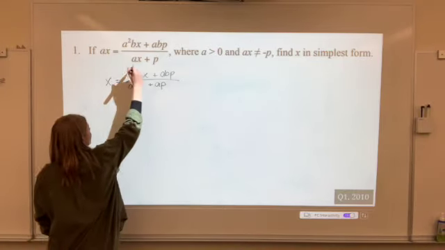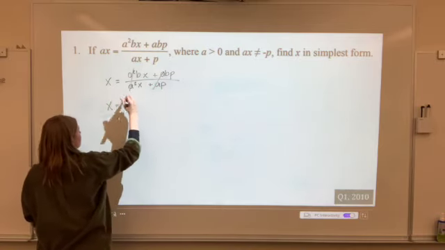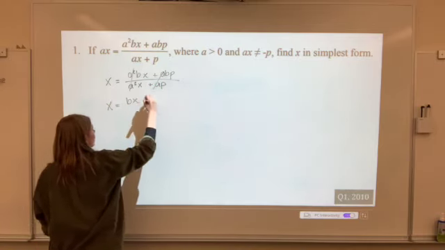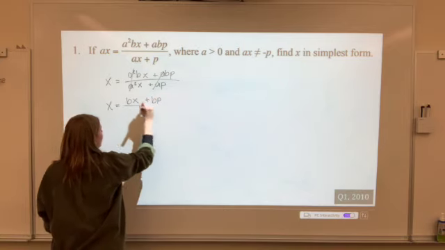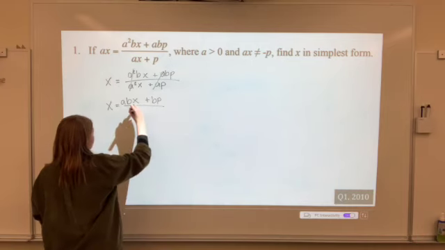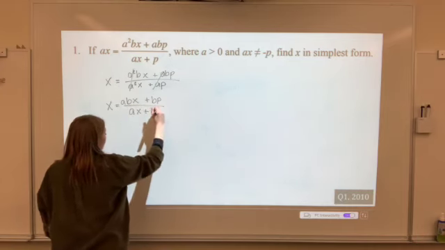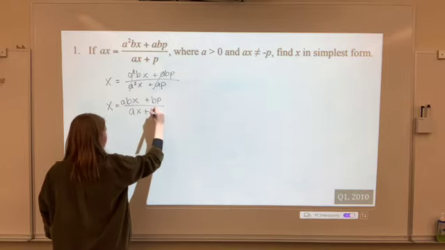Let's start by doing that. So now we have x is equal to bx plus bp all over ax plus p.